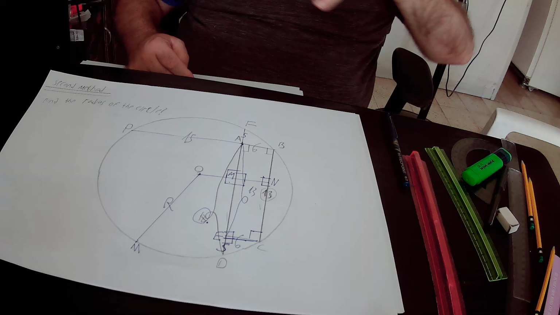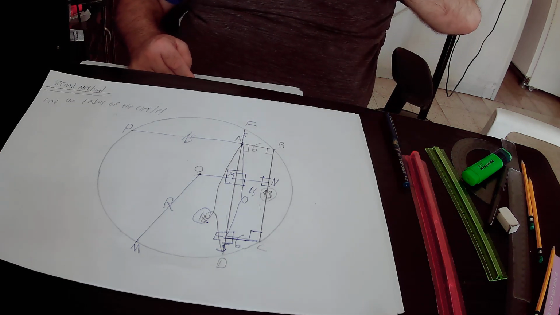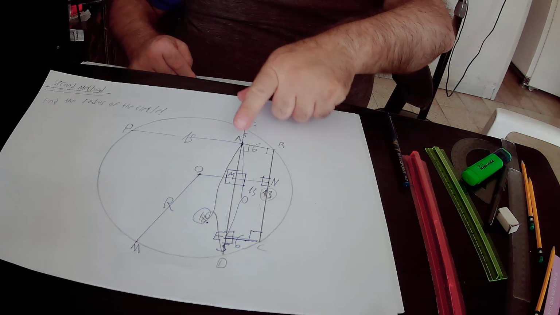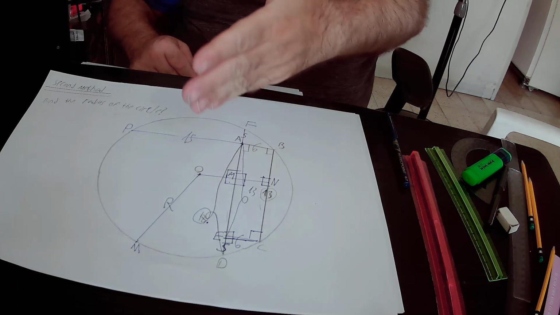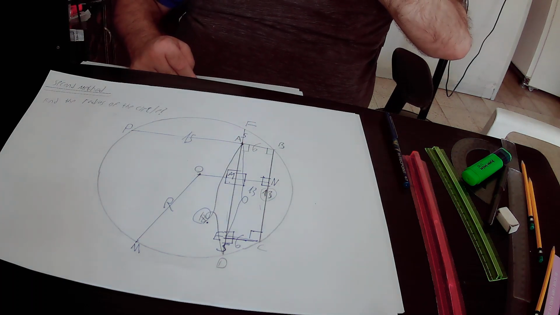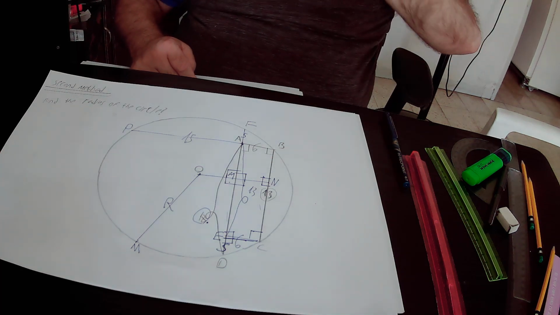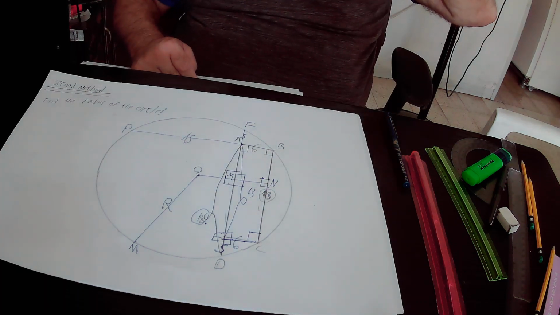So until now we did all the things that we already did in the first method. And then here from point O, that is the center of the circle, of course, we draw perpendicular on chord BC. So this angle equals 90 degrees and this angle equals 90 degrees according to our construction.